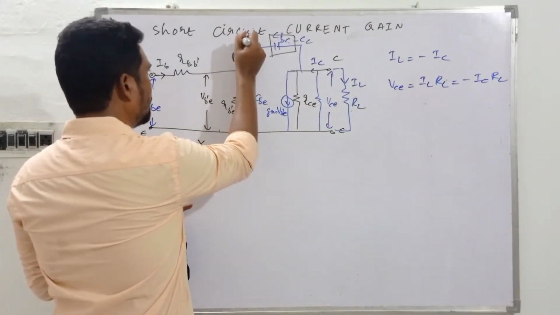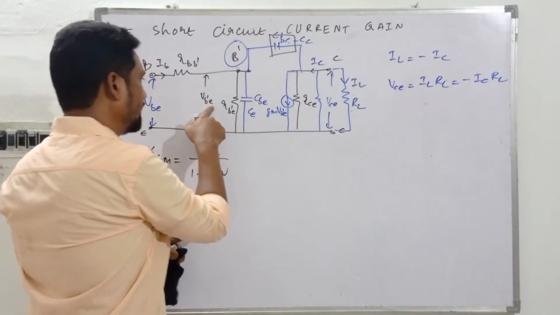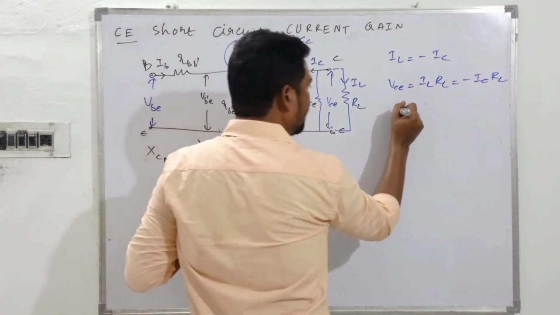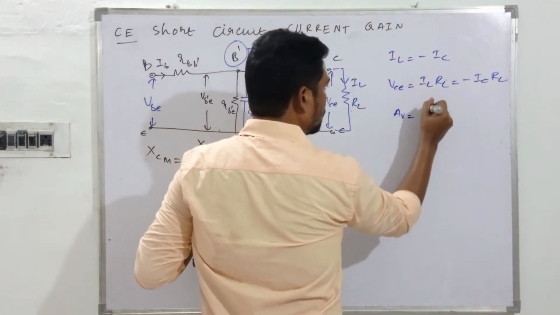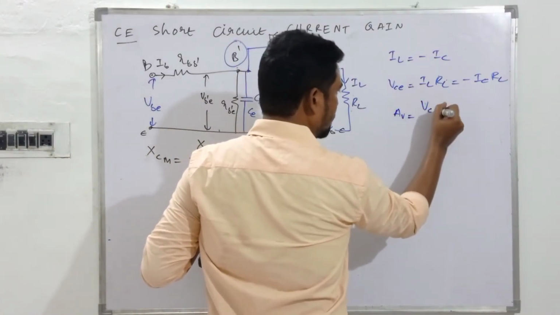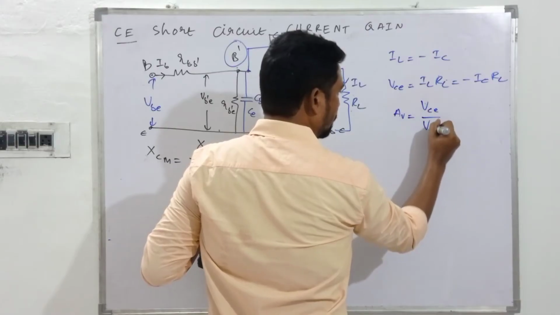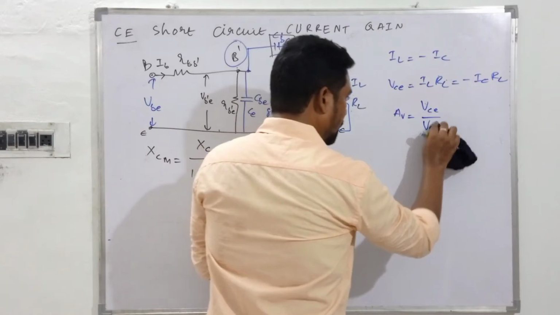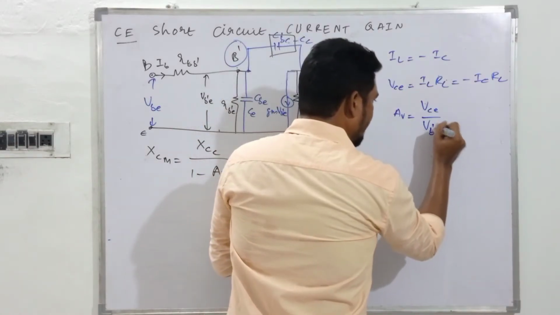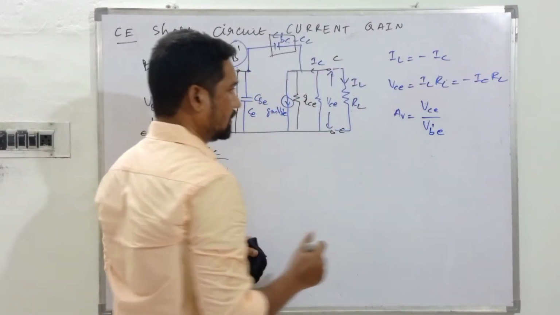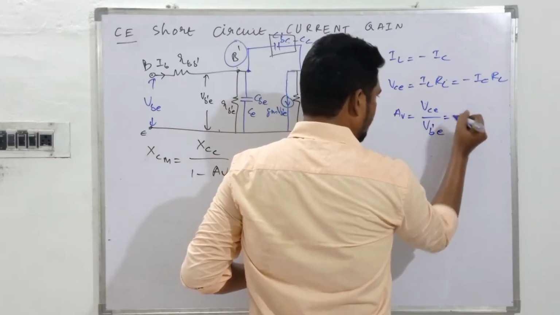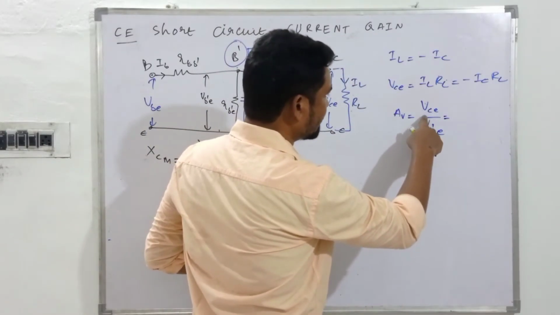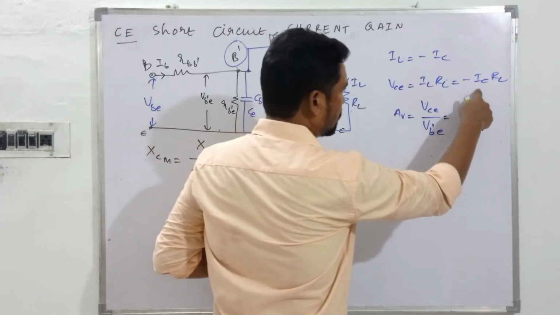And guys, centric with B dash, so we will be considering B dash as input in this case. So AV, voltage gain AV is equal to output voltage VCE by VB dash E, right? We see more clearly, more precisely, VB dash E. VCE could be plugged in with this one.